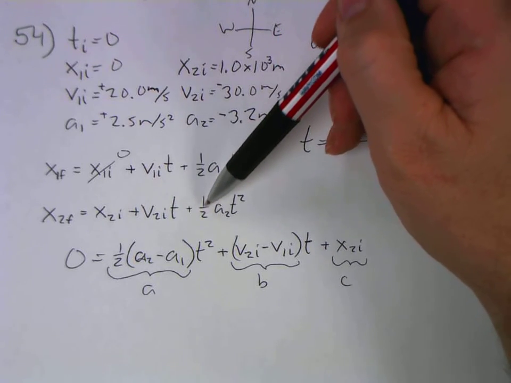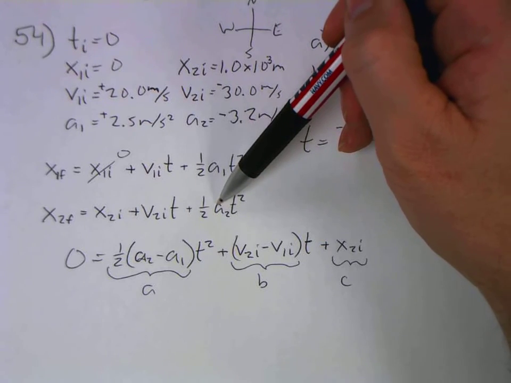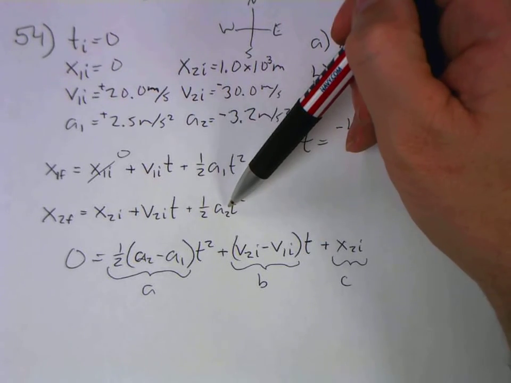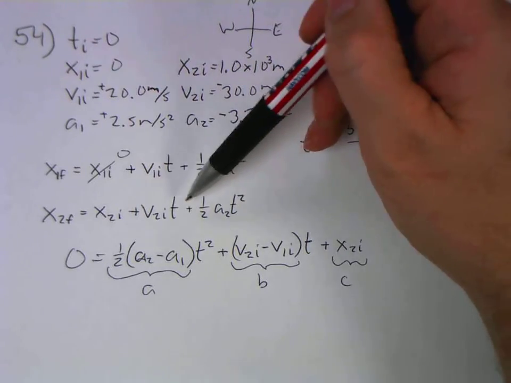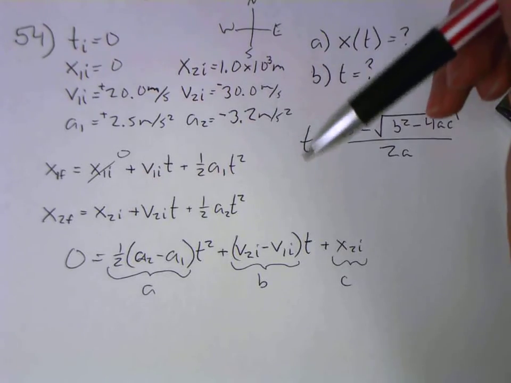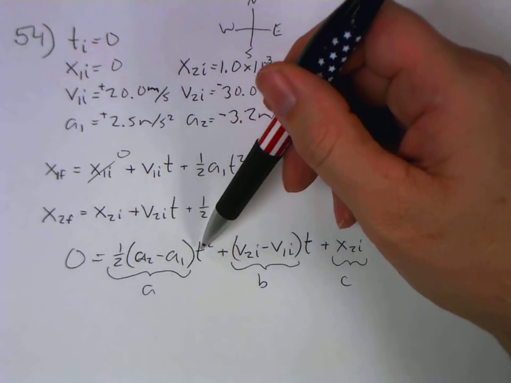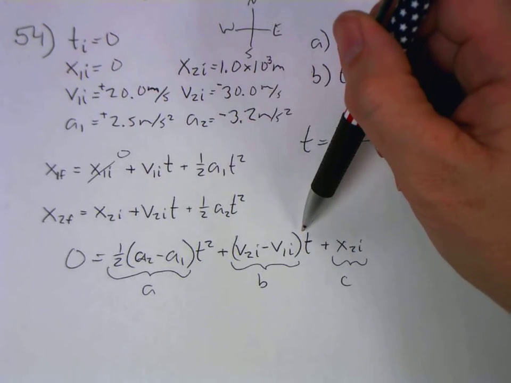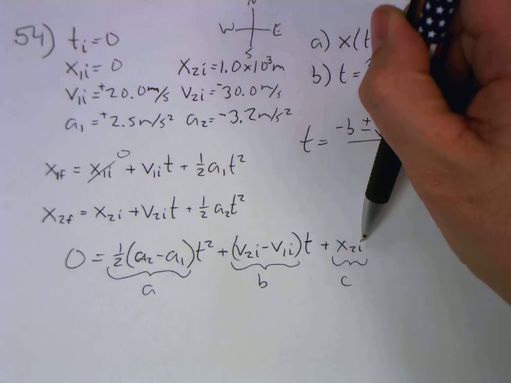And I had 1/2 in both of these terms times a2 minus a1 multiplied by t squared. All those things were equal to 0. In order to set it to the quadratic equation format, you need the squared variable terms first, then the singular variable terms, and then the constant at the end.